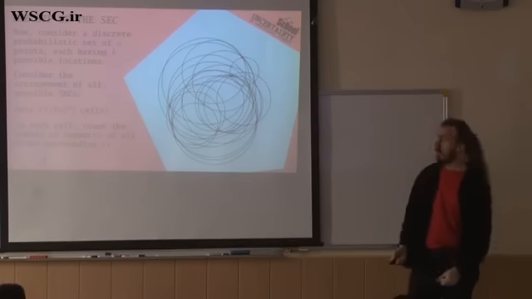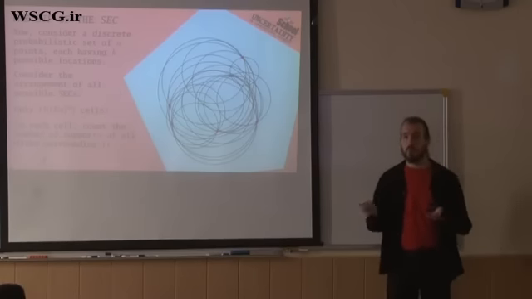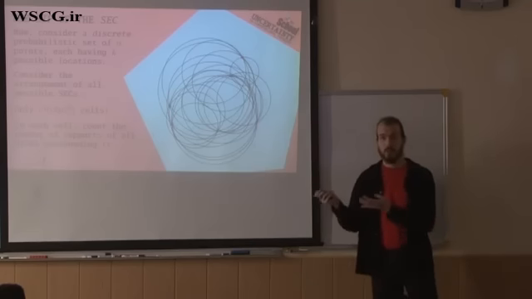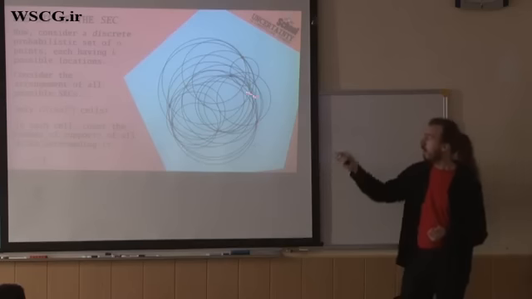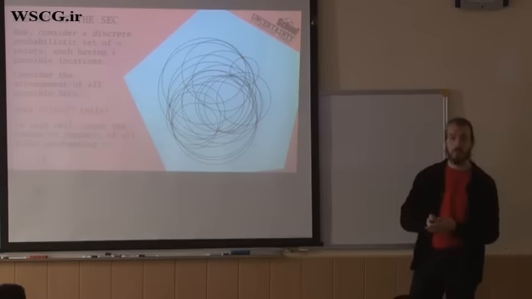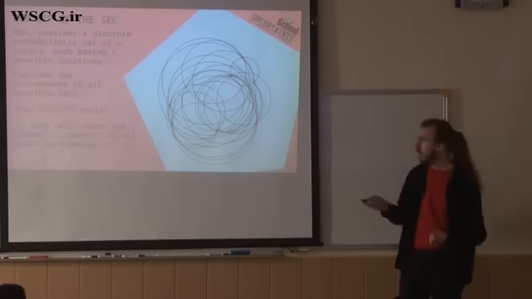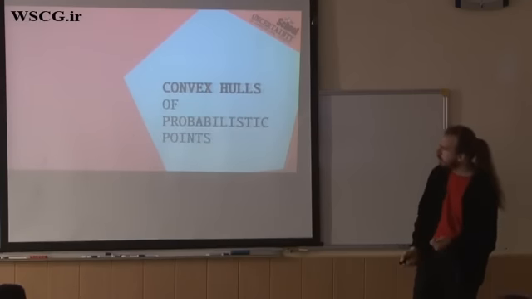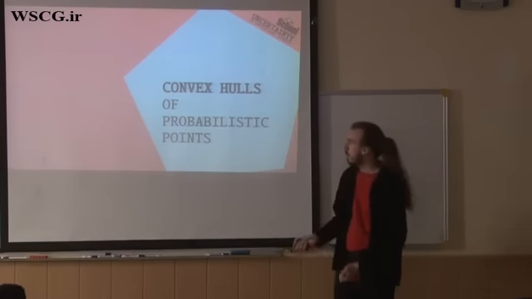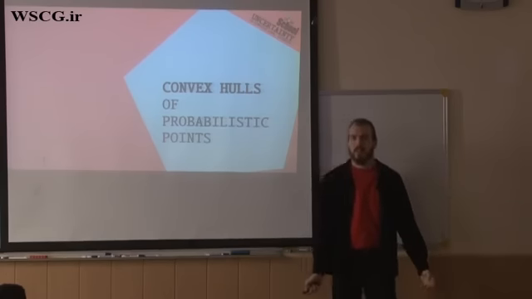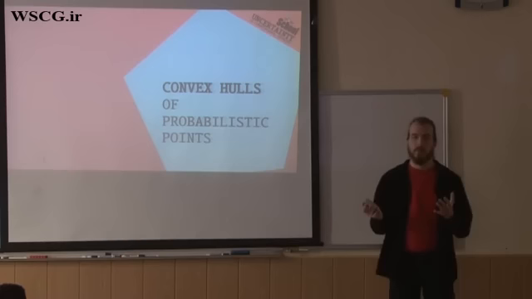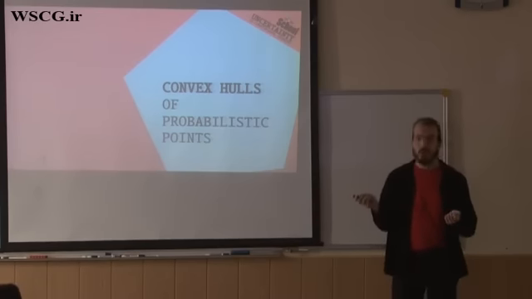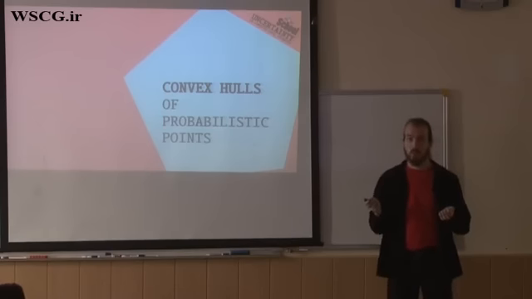But what about things for which we cannot compute the output probability? Well, it turns out that in some cases, we can still compute this distribution of shape inclusion probabilities exactly. So the example I want to give is convex hulls. Convex hull is another shape defined on a set of points. And if we want to do an output distribution on convex hulls, then we run into some problem again.